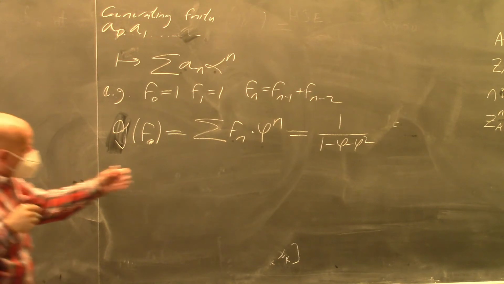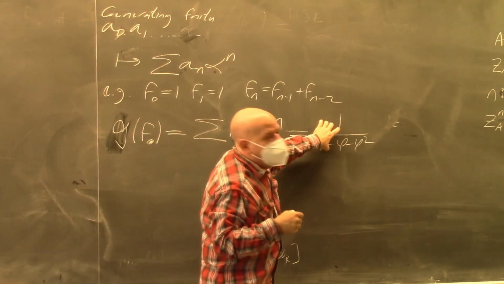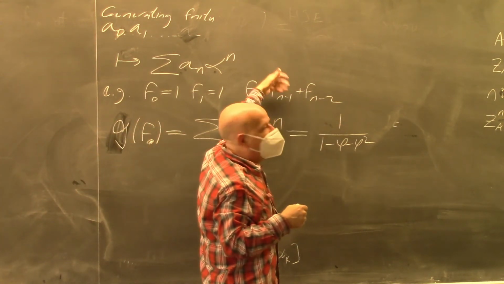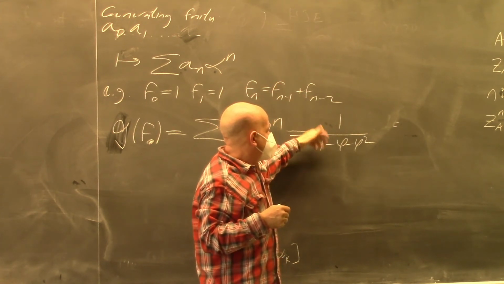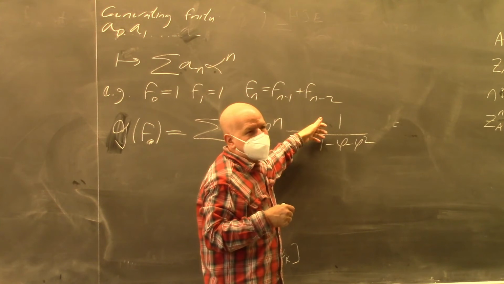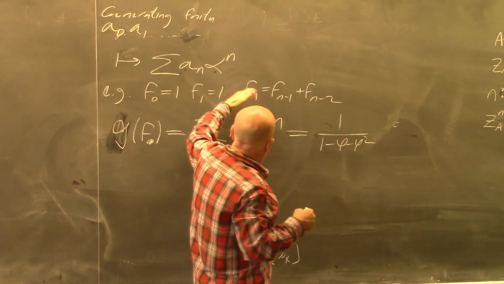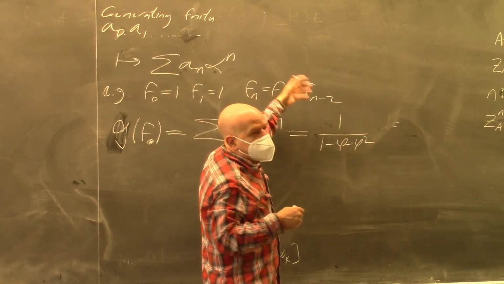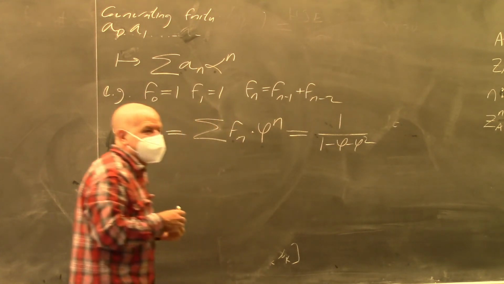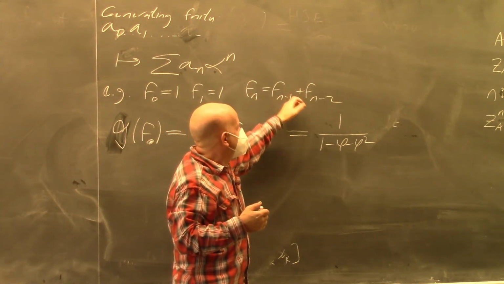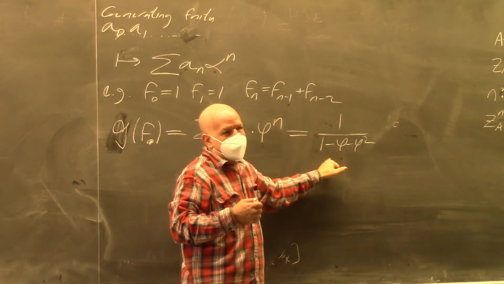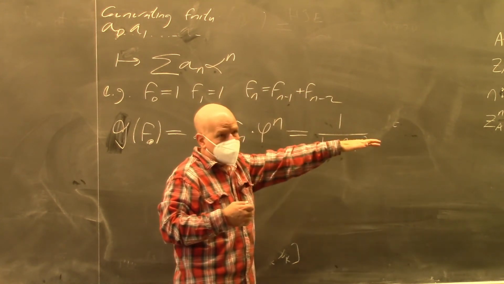And anyway, so this rational function in some sense encodes the Fibonacci numbers. If you look at the Taylor expansion of this function, it includes in it the Fibonacci sequence, and so various manipulations to do with Fibonacci numbers can be done instead by manipulating this, and that will also be our strategy.